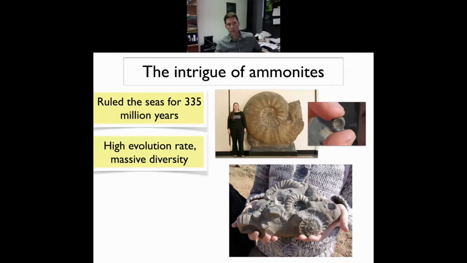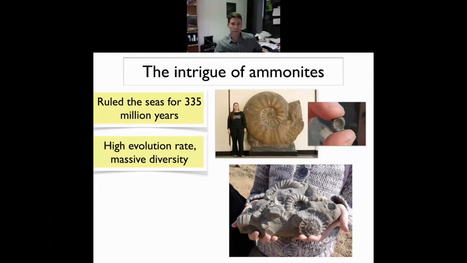In fact, if you go to the southern coast of England, you can find, with very little work, traces of ammonites. Something like what the person is holding here is quite an extreme case, but I've done this myself. You just comb the beaches and they're everywhere.